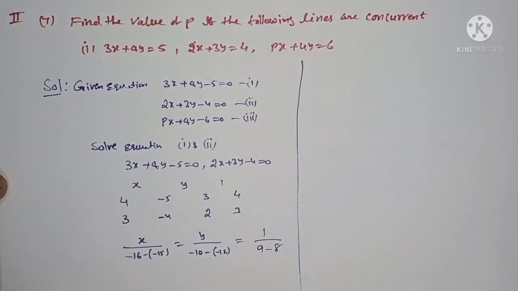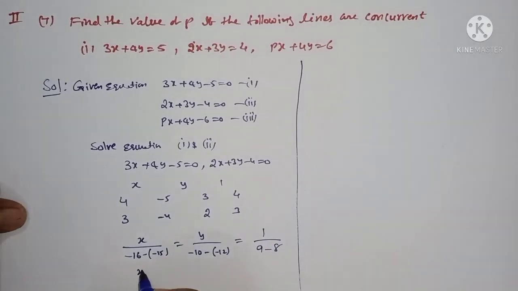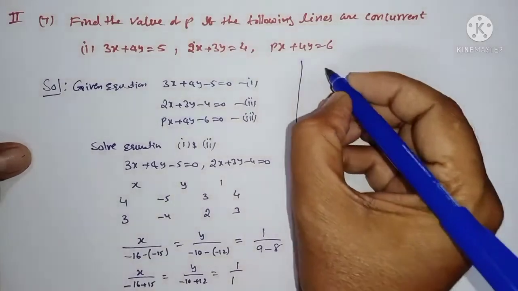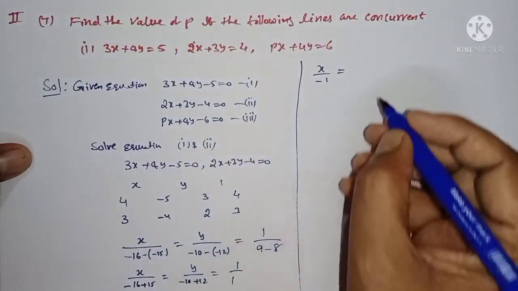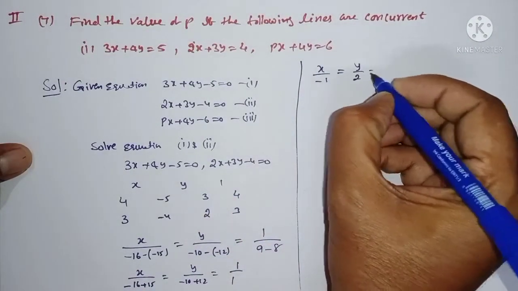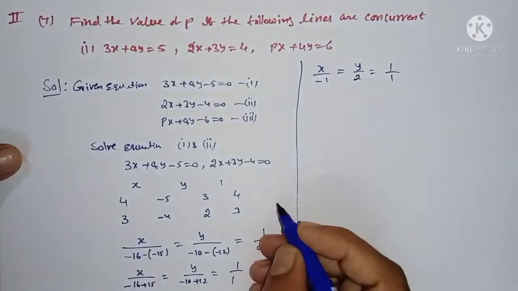Therefore, you got x by minus 16 plus 15, y by minus 10 plus 12, and 1 by 1 only. So x by minus 1 is equal to y by 2 is equal to 1 by 1.